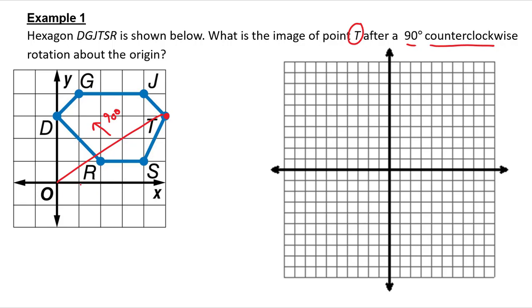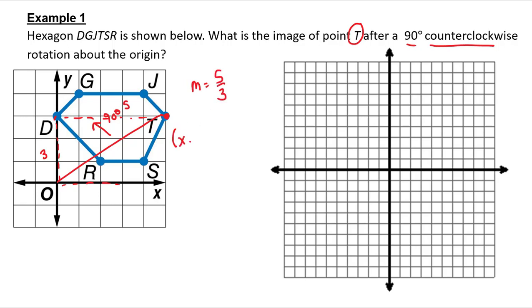So look at what your slope is: 1, 2, 3, 4, 5, and I go up 3 over 5. So my slope is 5 over 3.